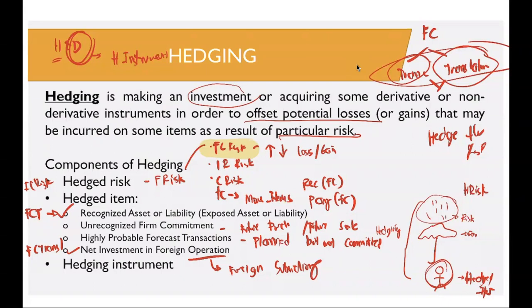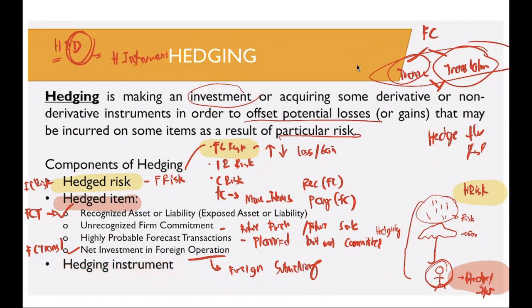Next, we talk about your last component of hedging, which is your hedging instrument. Okay, so we said the rain is your hedge risk, and then the person here is your hedge item. How about the protection that you use? The protection that you use, which is the umbrella, is your hedging instrument.